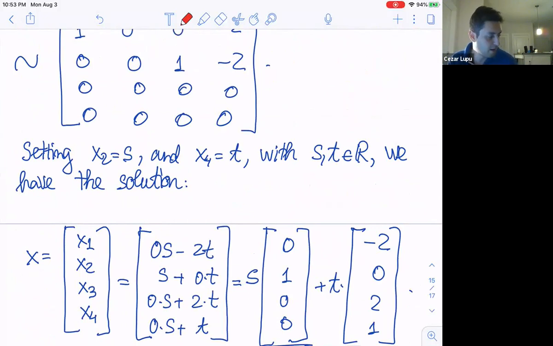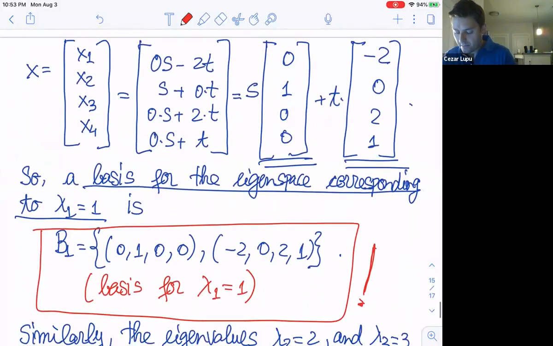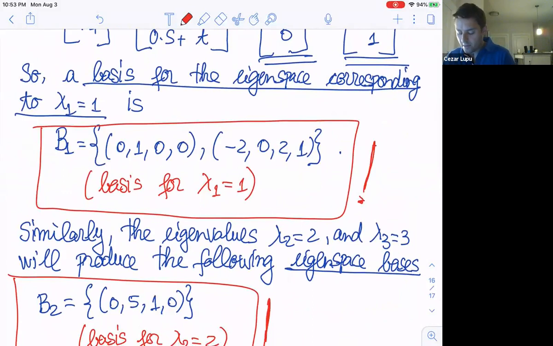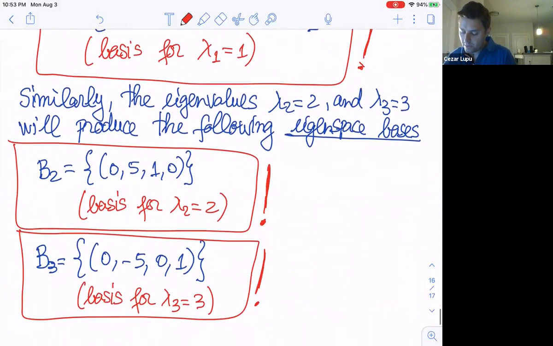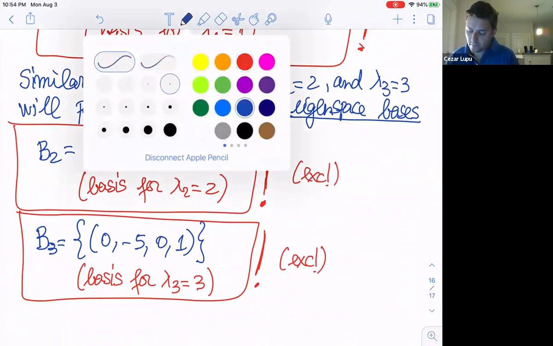I did them before this lecture so that I wouldn't lose any more time computing the eigenspaces for the other two eigenvalues, solving systems of linear equations and so on. If I do one, I think the others should be pretty similar, so I'll leave this to you as an exercise.